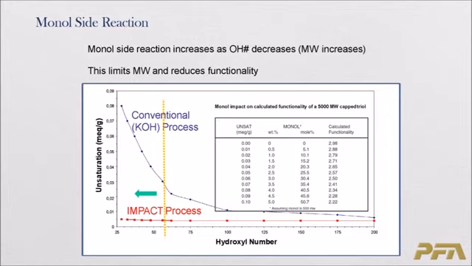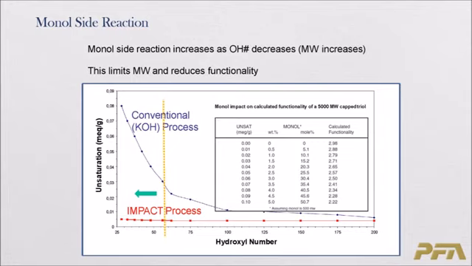If I convert that unsat to the amount of monol and the functionality, instead of making a 3 functional, I'm now only at 2.7. And if I'm trying to make an HR polyol that's more like down here at 28, I'm twice that level, so I'm only at 2.5 functionality.